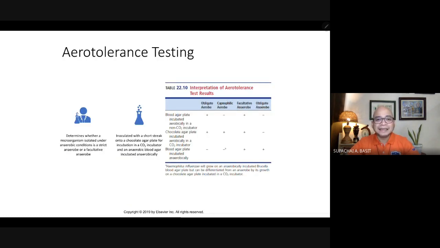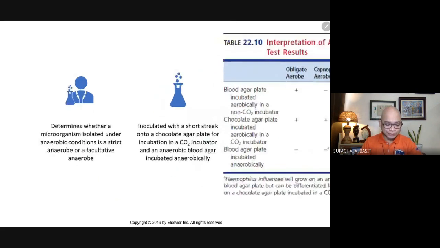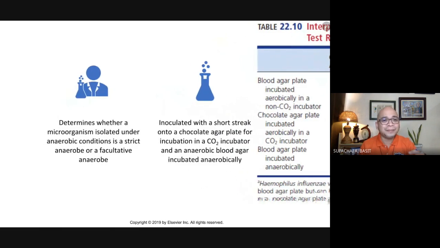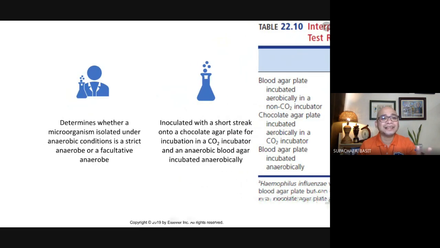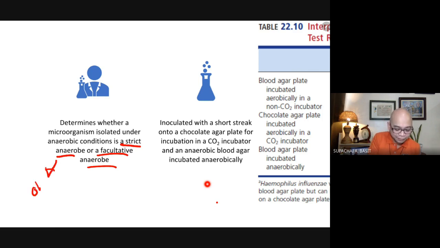As I told you before, aerotolerance testing is very important because this will determine whether a microorganism isolated under anaerobic condition is either a strict or facultative anaerobe. When you say strict anaerobe, it means that they are obligate, meaning they cannot survive in the presence of oxygen.